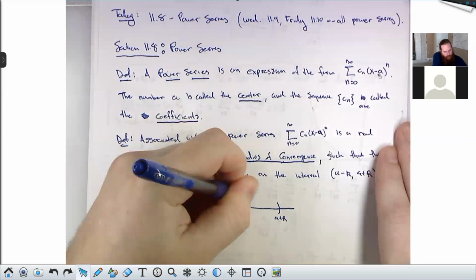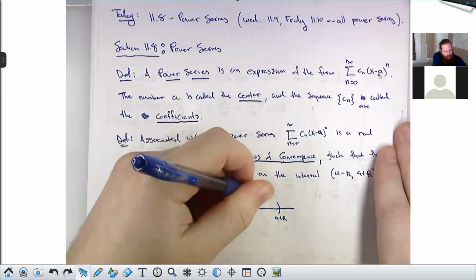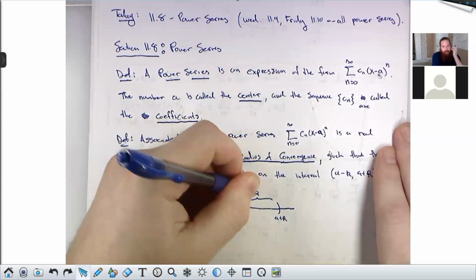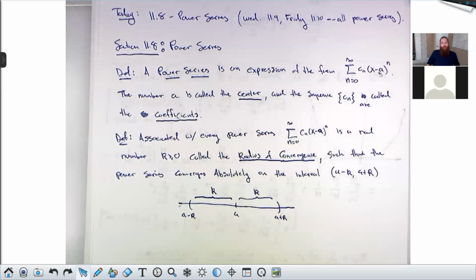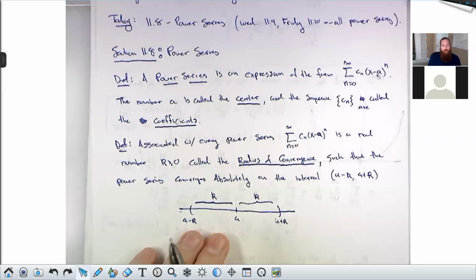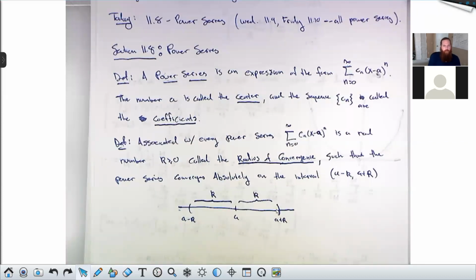And it's the same whether you measure it on the left or on the right. If you're studying these things in terms of complex numbers, if you let x be a complex number, then instead of a nice interval like this, you actually get a disk in the complex plane. And then this radius really is a radius of a circle.